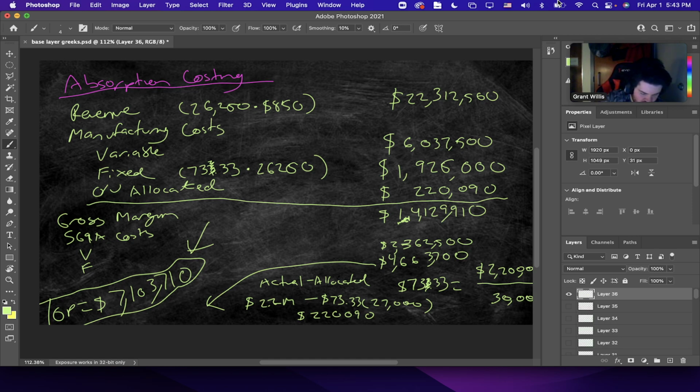Do you multiply it by the variable costs? So what are you trying to solve here? The SG&A. Yeah, so what's SG&A made up of? The units sold and the variable costs.